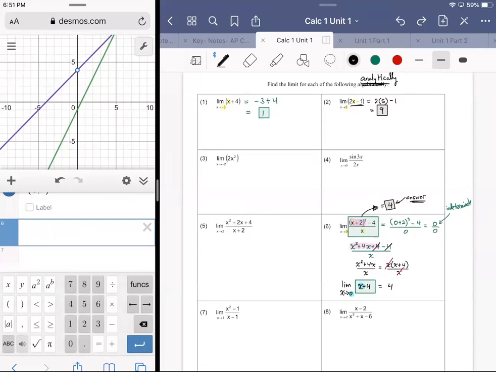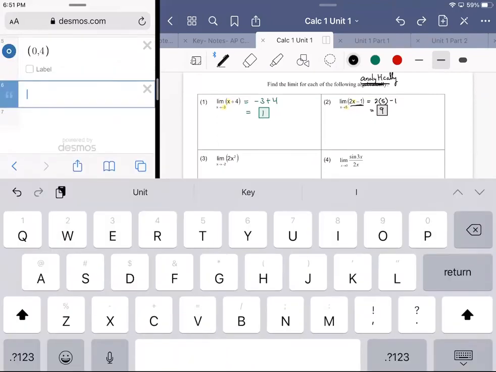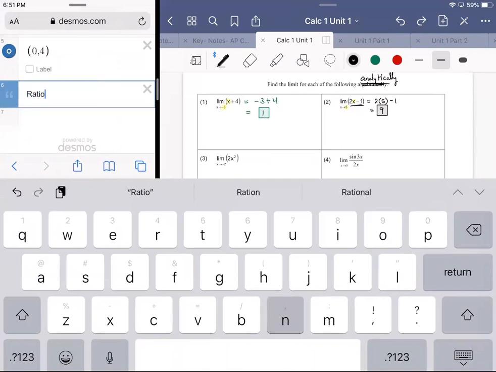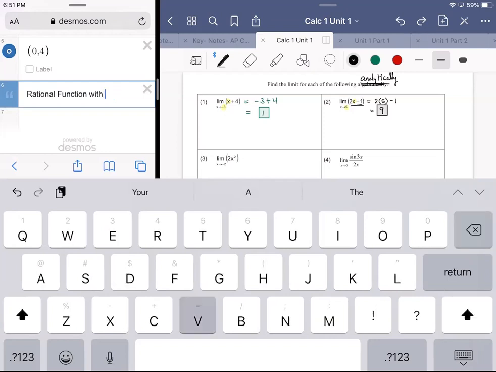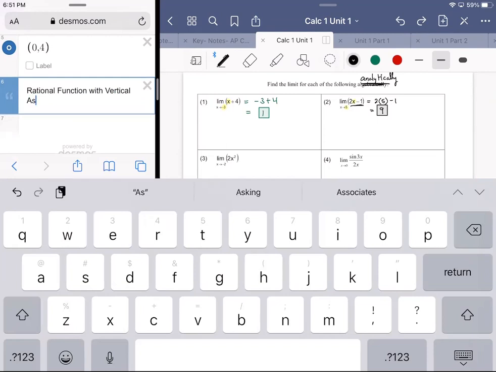So let's say you have, I need a note here, a rational function with a vertical asymptote. I was going to just say asymptote because I was being lazy, but I'm going to write vertical asymptote.